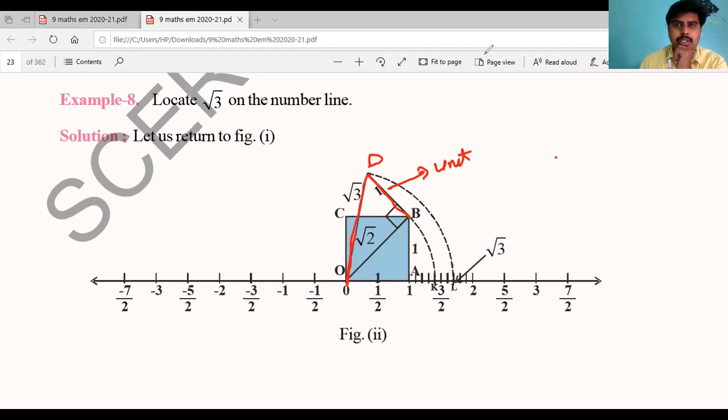Okay, one second, look at this diagram once. OABC is a square you already have, and please draw a line which is like this.